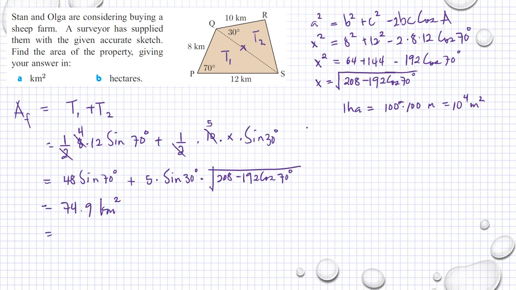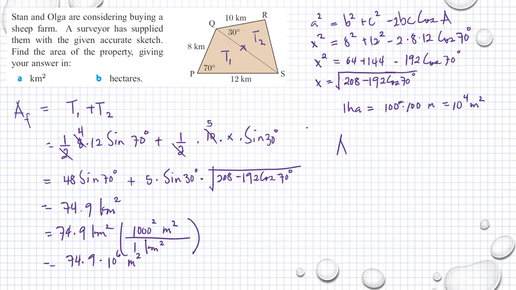So if we're going to change the unit into square meters, 1 square kilometer, 1 kilometer is 1,000 meters. That means the square of that is 1,000,000 square meters. Then we have 74.9 multiplied by 10 raised to 6 square meters.